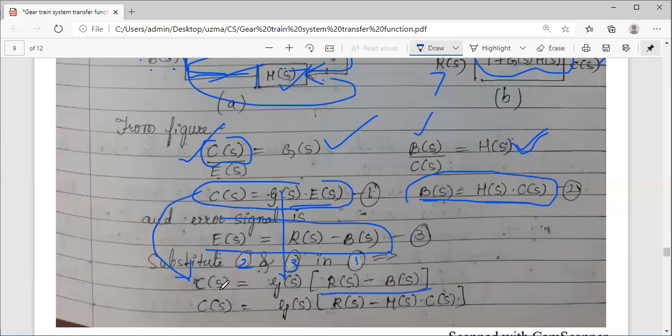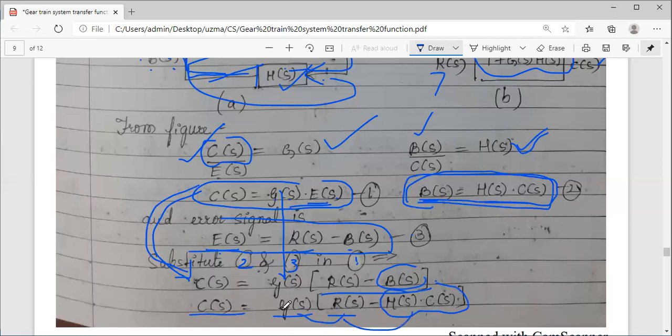So now I am into that C. C is your controlled output. I started from this output parameter. So C from equation 1 is G into E, G as it is, and error signal is the subtraction R minus B. And in turn, what is B? I have just now got it in equation 2. Substitute that also. See, all these are same. Minus, instead of B, H into C. After that, go for multiplication.